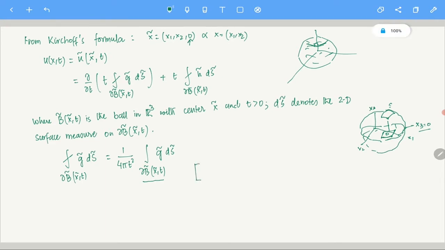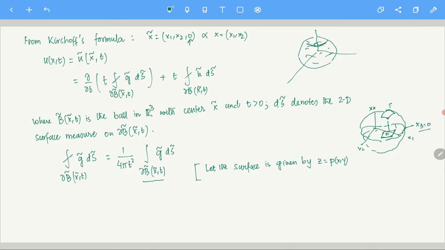I think you guys know this thing, but still let me write it. So the surface integral, let the surface be given by z equals to p of xy, some function of x and y.